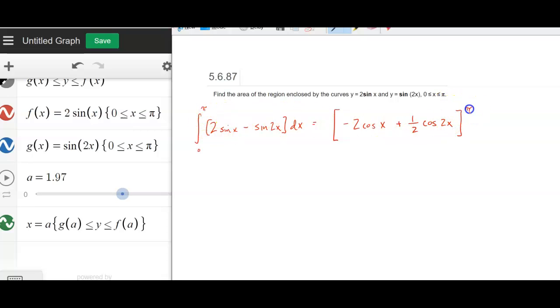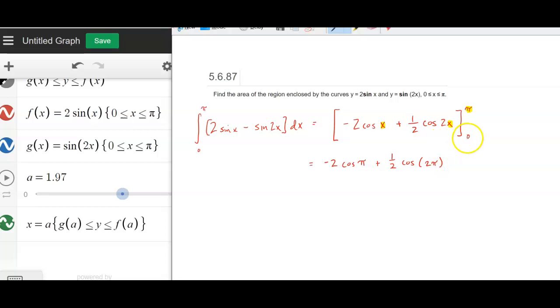We're going to plug in pi, we're going to plug in 0. We're plugging in pi for each of these x's. So when I do that, I'm going to get negative 2 times the cosine of pi, plus 1/2 the cosine of 2 pi.